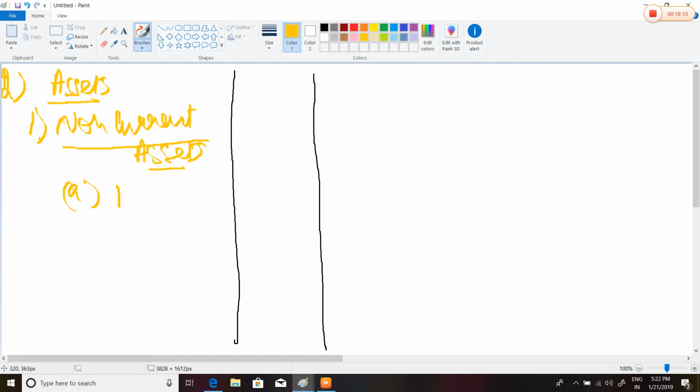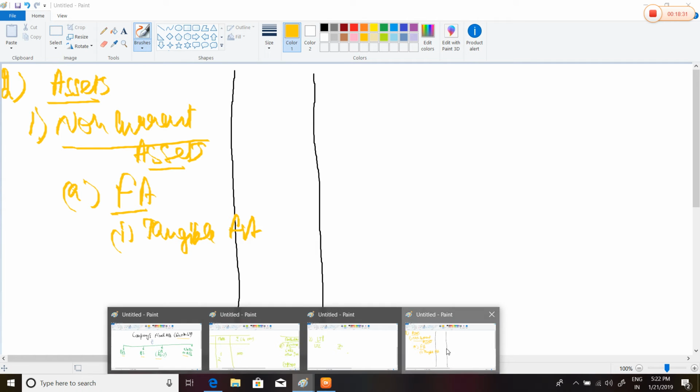First, fixed assets, then under this, tangible fixed asset. Make a working note here.